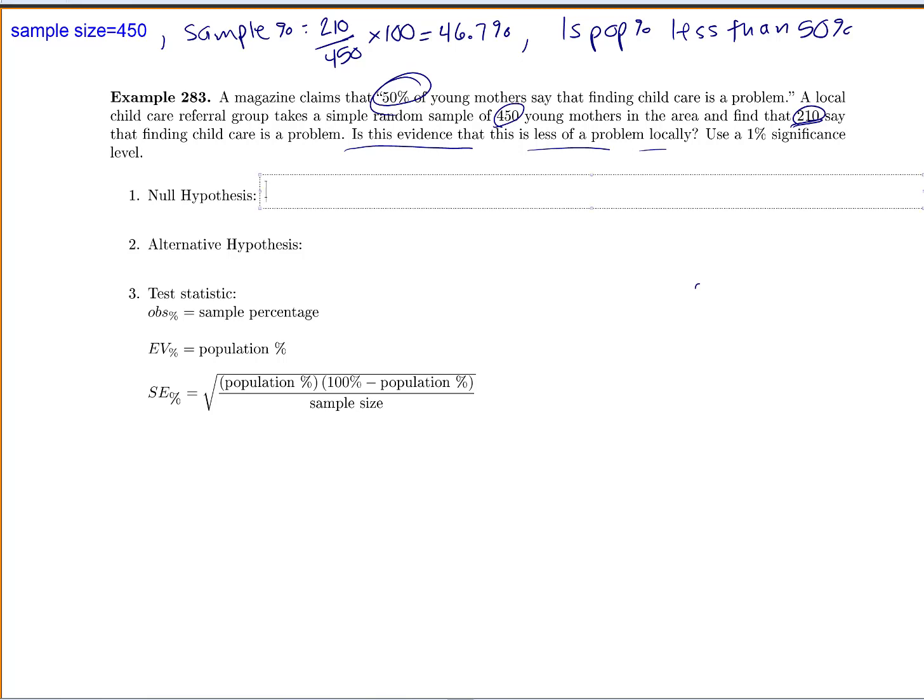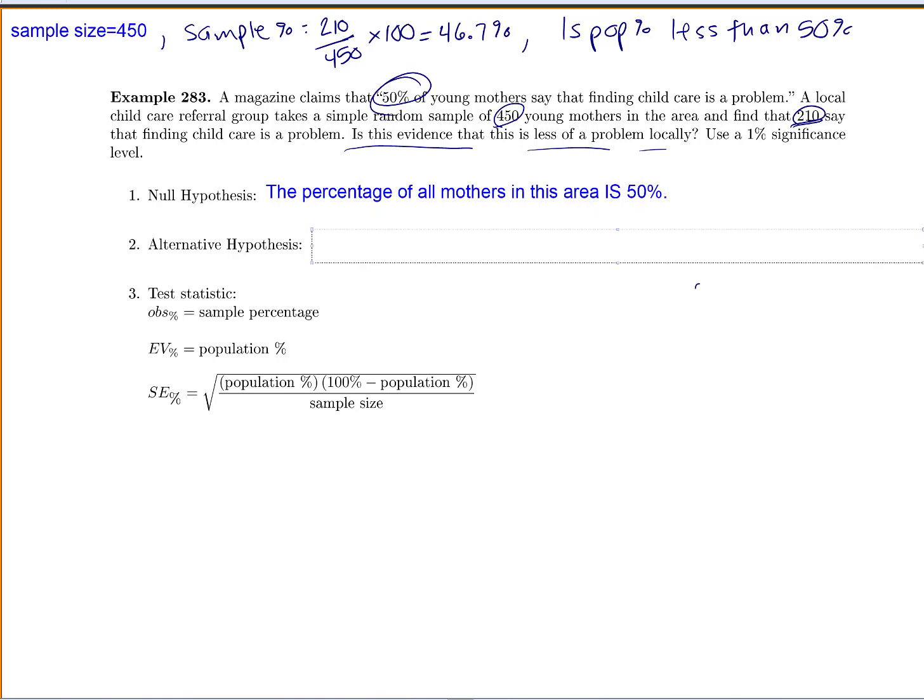Our null hypothesis would be that it's just equal: the percentage of all mothers in this area is 50%. Or we're the same as everywhere else. The alternative would be the percentage of all mothers in this area is less than 50%, because we want to see if it's less than everywhere else.